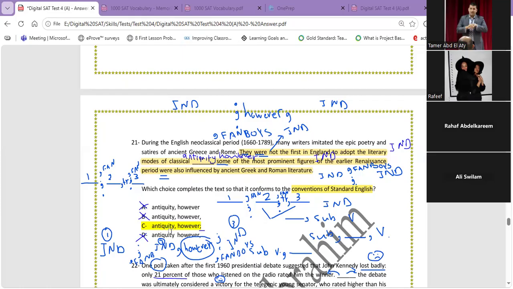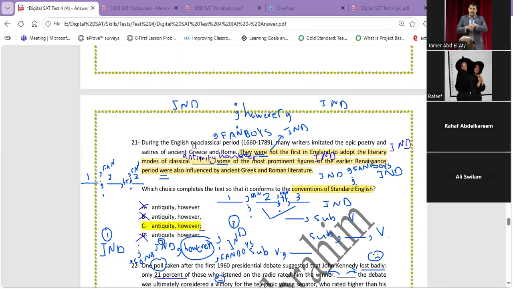But I want to be sure about the contradiction between sentence 1 and sentence 2. Let's find first. He said, they were not the first in England to adopt the literary modes of classical antiquity. Some of the most prominent figures of the earlier Renaissance period were also influenced by ancient Greek and Roman literature. No, the contradiction is not between 2 and 3. Now let's read sentence 1 and 2.